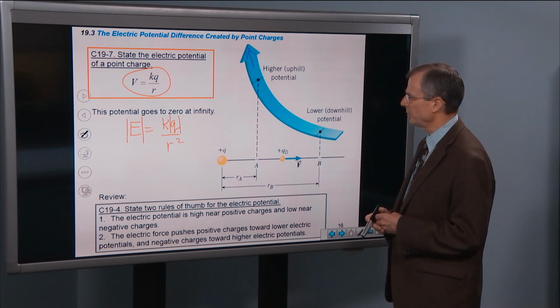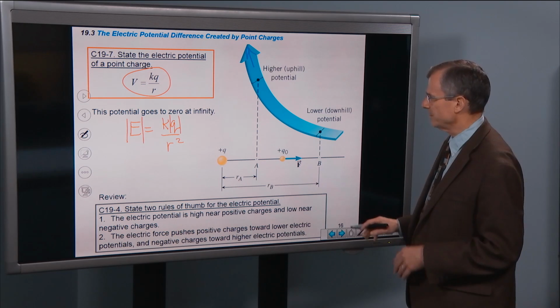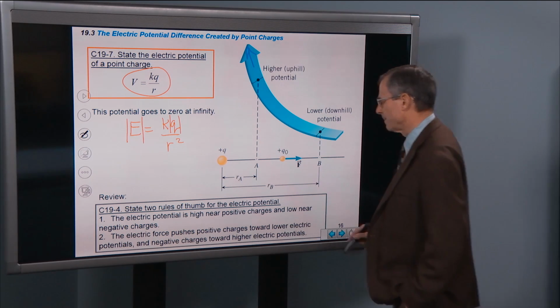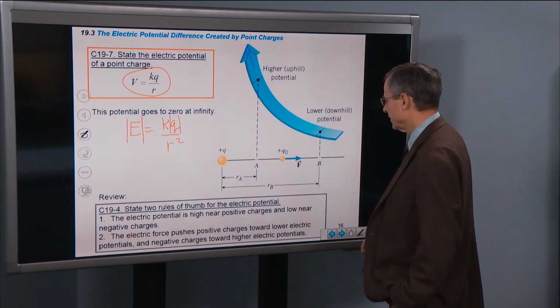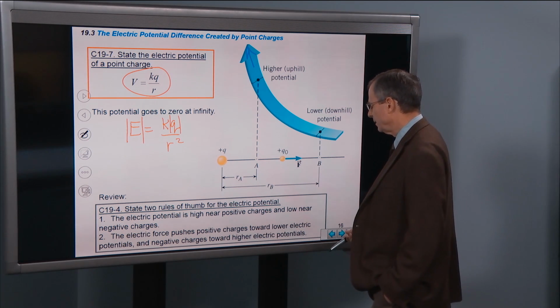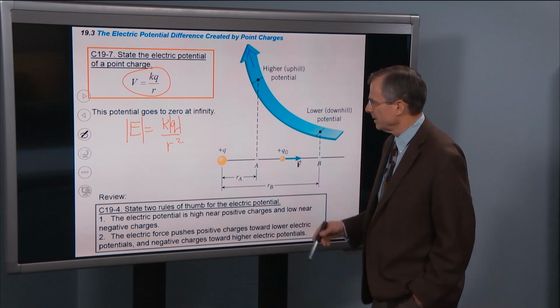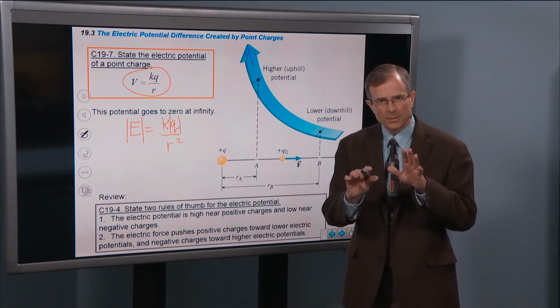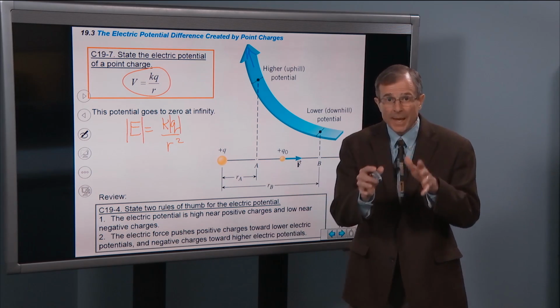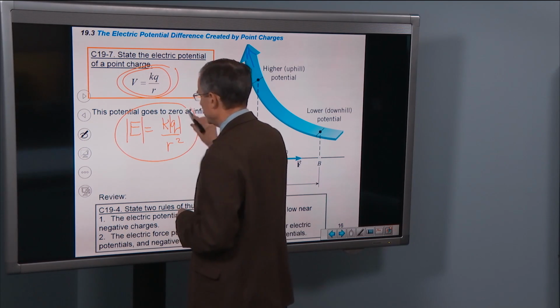So in order to understand the electric potential of a point charge, it's helpful for us to review concept 4 in this same chapter. State 2 rules of thumb for the electric potential. The electric potential is high near positive charges and low near negative charges. You can derive this result from this. They look similar.